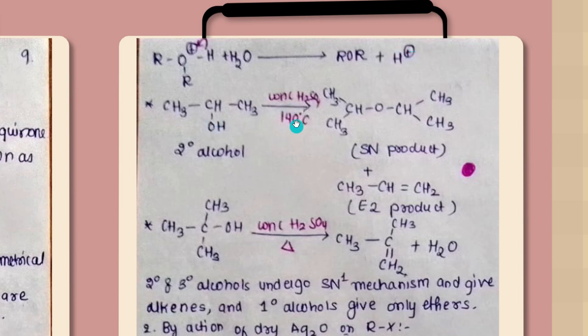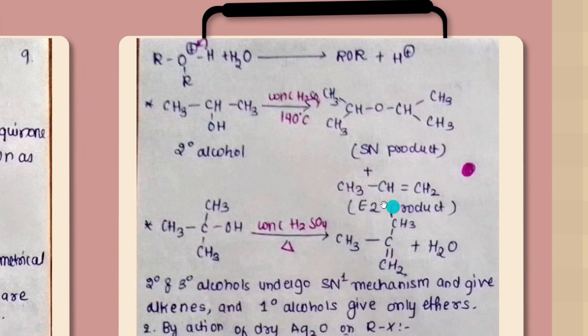Now, an example for a secondary alcohol is CH3CHOHCH3. In the presence of concentrated H2SO4 at 140 degrees Celsius, it gives me (CH3)2CH-O-CH(CH3)2, which is the SN product. What is SN? The nucleophilic substitution product.